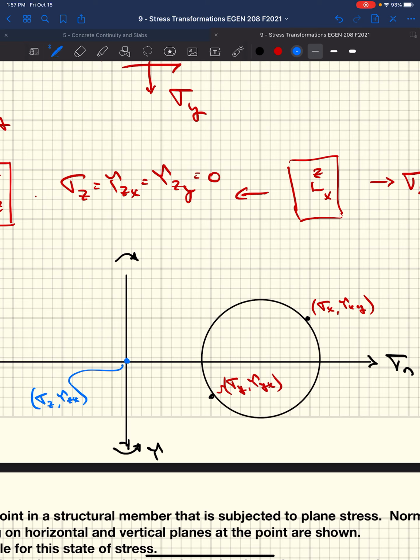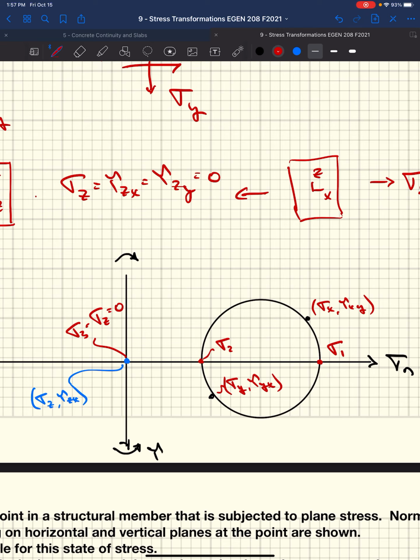We go back, this is sigma 1, sigma 2, and we call it sigma 3, and sigma 3 equals sigma Z equals 0.